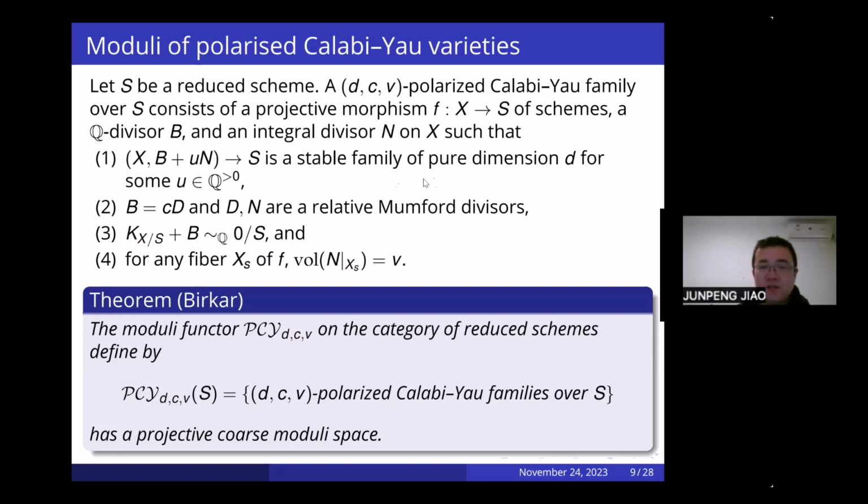So it is a stable family of pure dimension D, and the coefficient of B is in C times the natural numbers, and B and N are relative Mumford divisors. A Mumford divisor is also something you can consider as defined on some big open set.